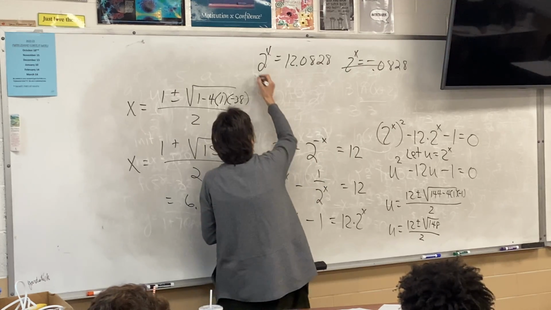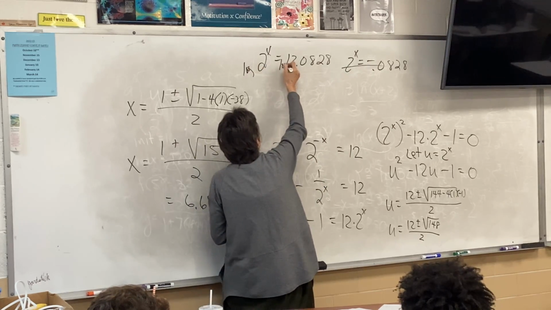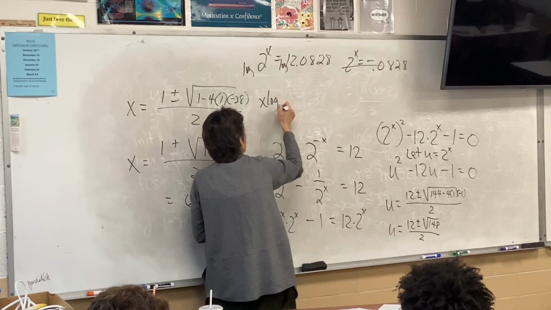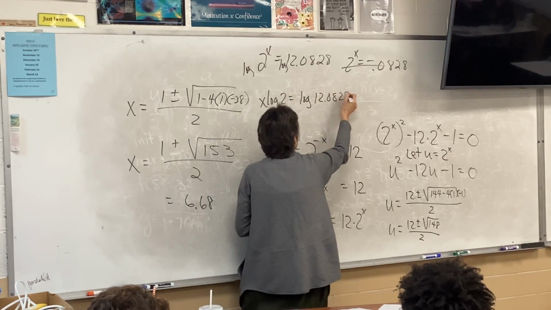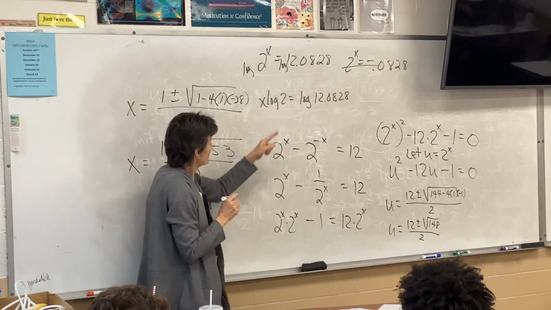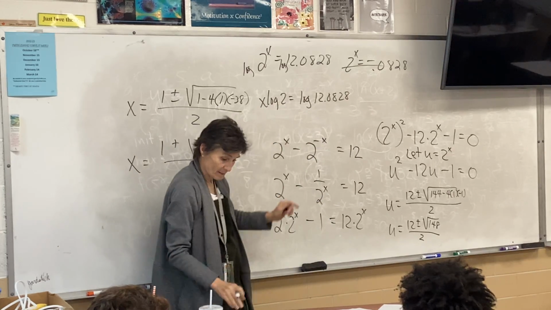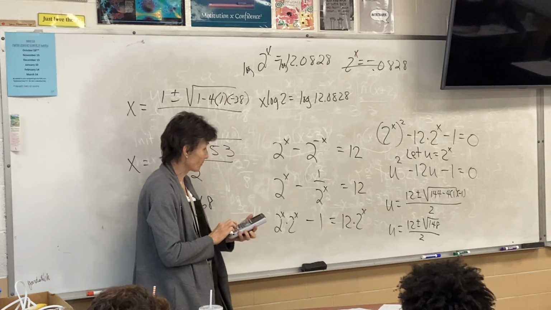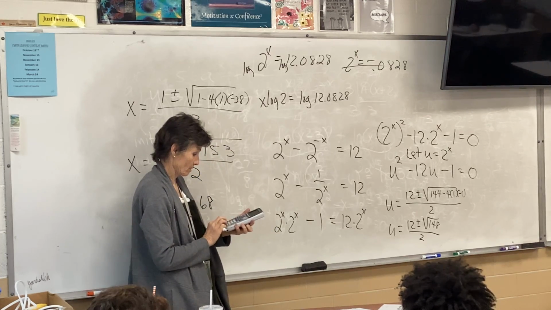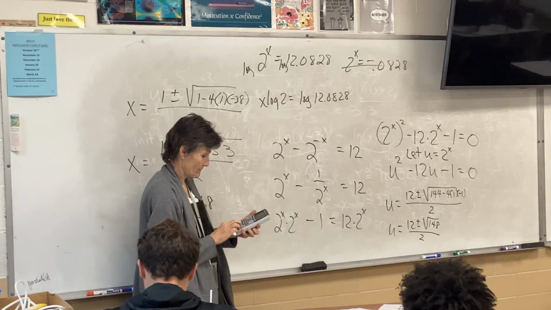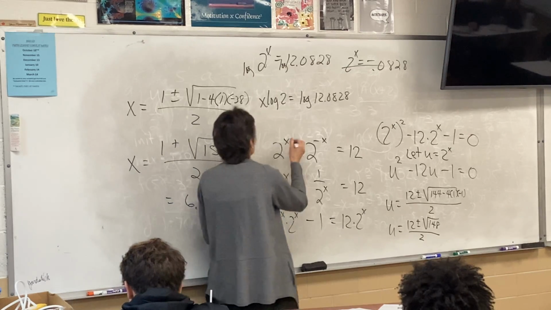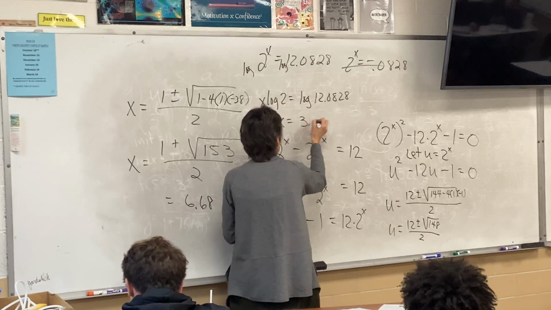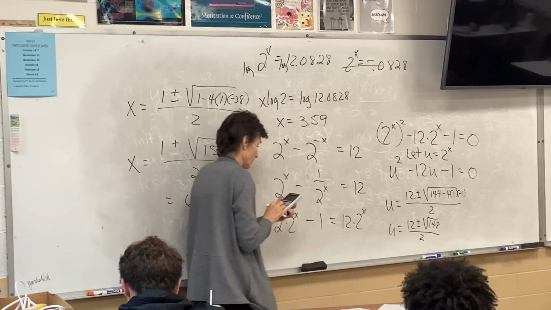So we'll log both sides here. And our x value will be the log of that divided by the log of 2. So I got 3.59 as the only answer to the problem.